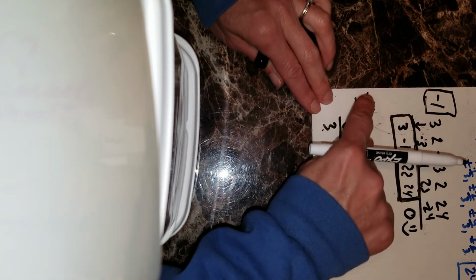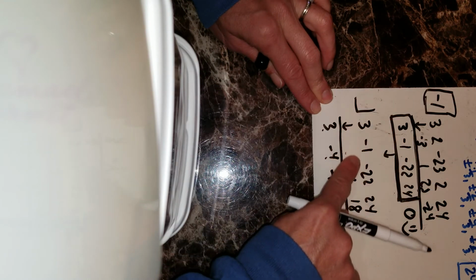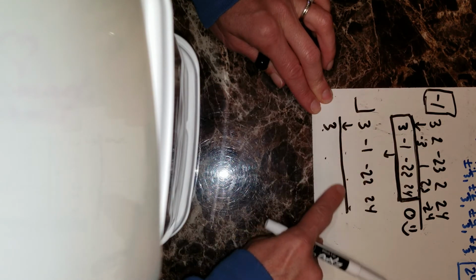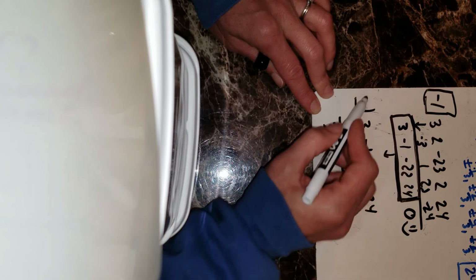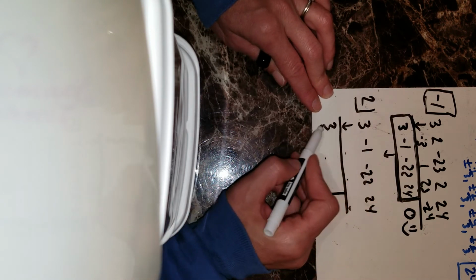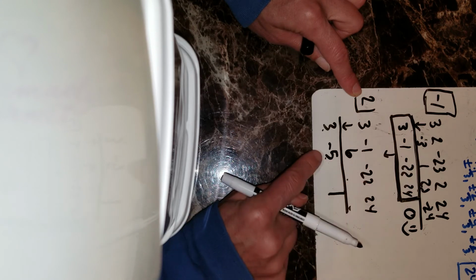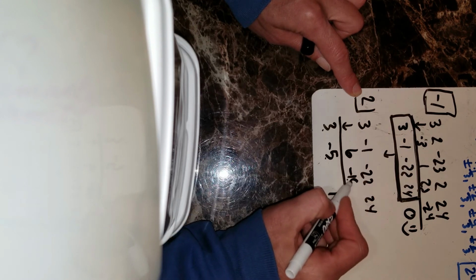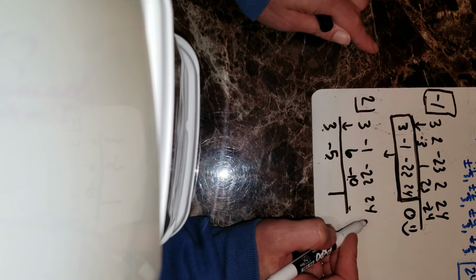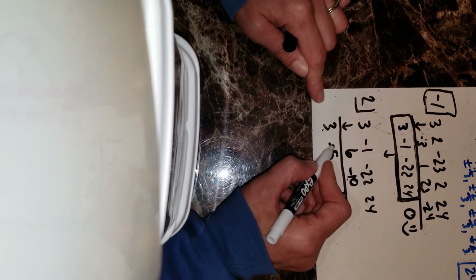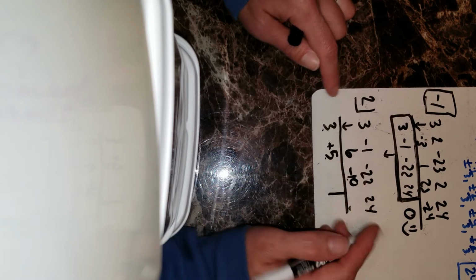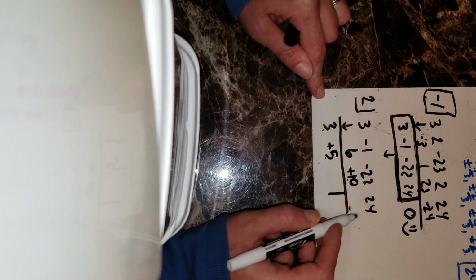So now I'm going to move over to 2. Okay, so let's try 2. Bring down the 3, times these two, 6, add negative 5, times negative 10. Oops, this is positive 5, sorry. Times these, and that is positive 10.